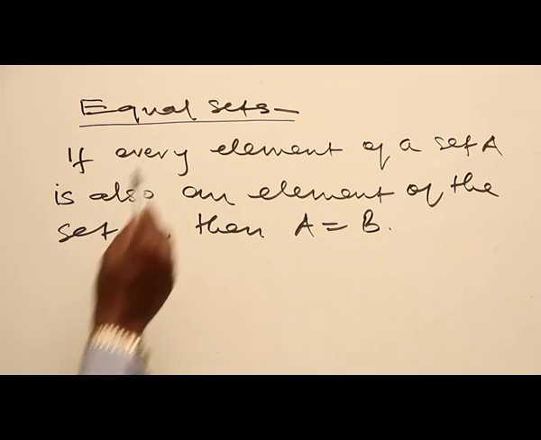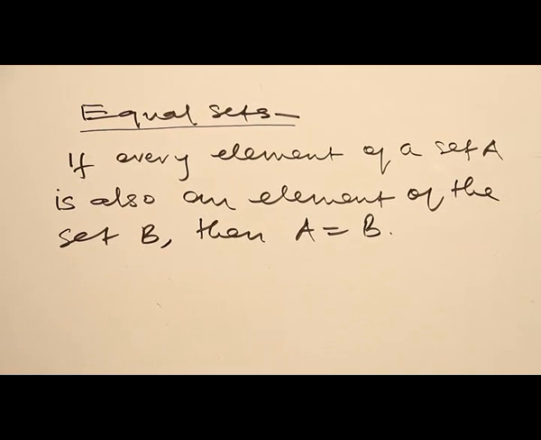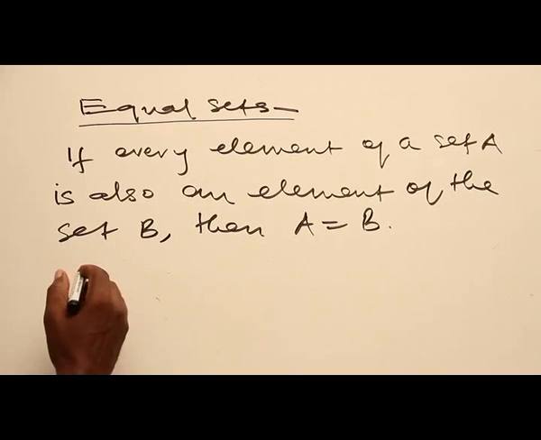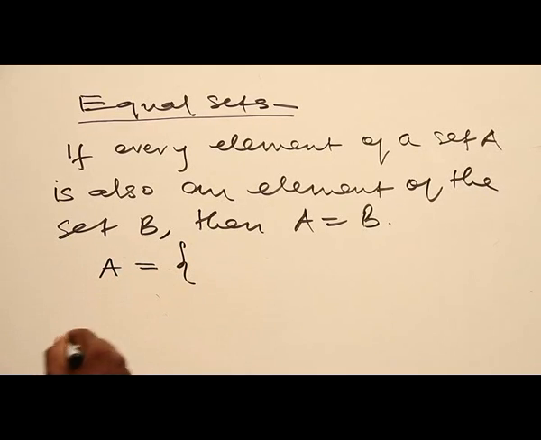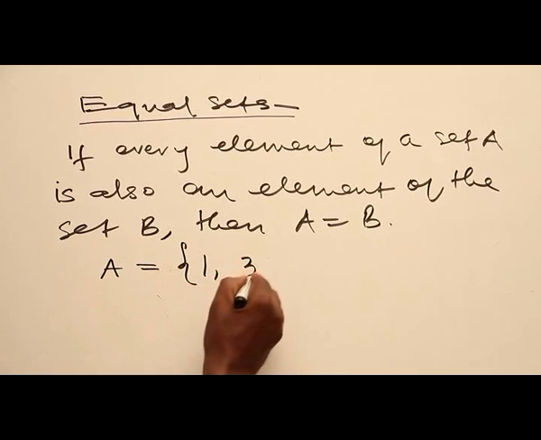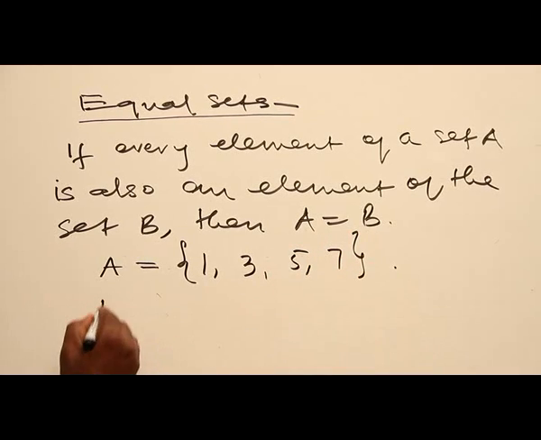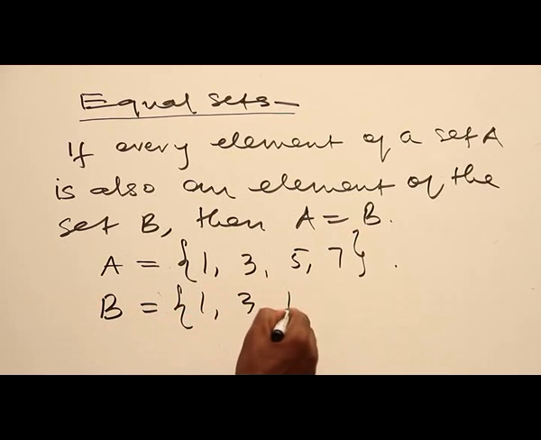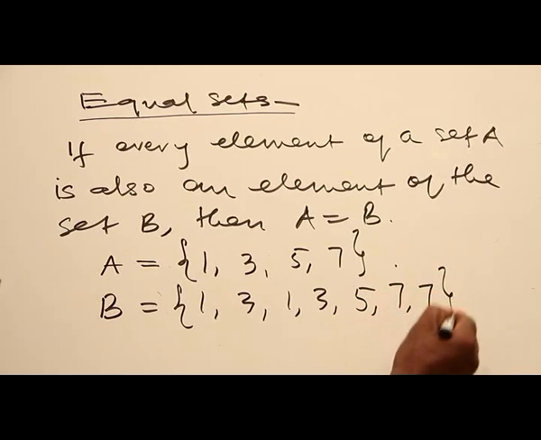Equal sets. If every element of the set A is also an element of the set B, then A is equal to B. Let's say, for example, here is the set A, defined by the elements 1, 3, 5, 7. And then we have another set B, defined by 1, 3, 1, 3, 5, 7, and 7.